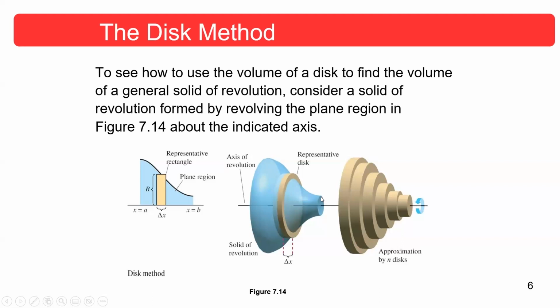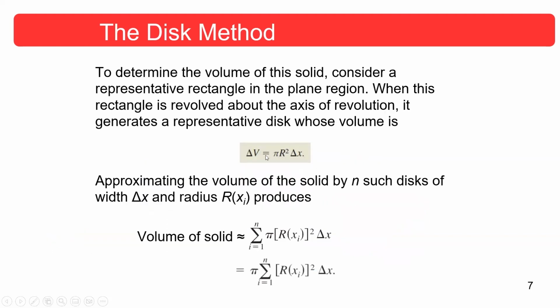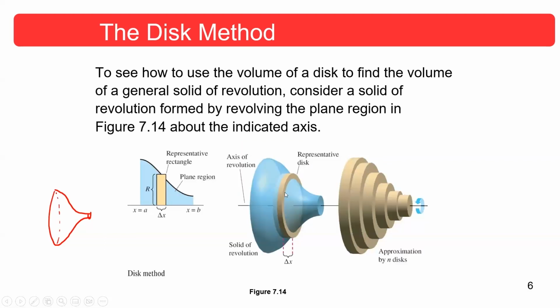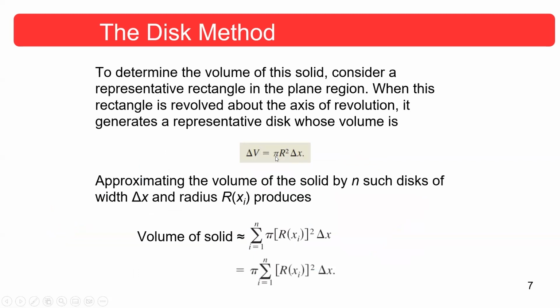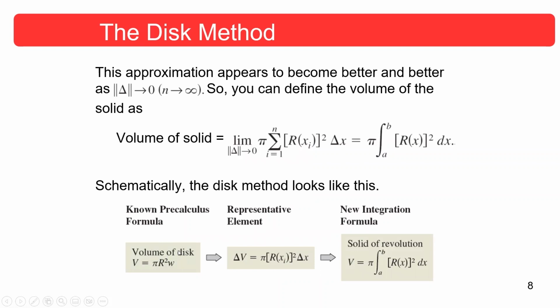The shape would be like a funnel, right? Something like this would be the shape formed, and then that's the back. This shows us that delta V, the small volume in here, is basically pi r squared delta x. If we make delta x smaller, it can be written as an integration, approximated by this formula.